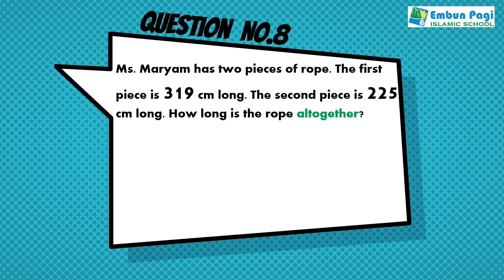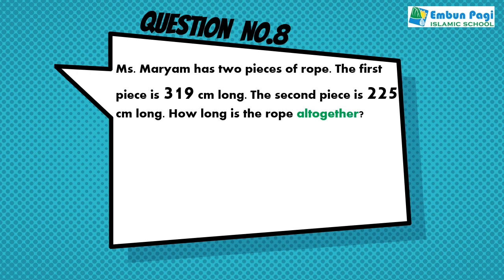Question number 8. Miss Mariam has 2 pieces of rope. The first piece is 319 centimeters long. The second piece is 225 centimeters long. How long is the rope altogether? Imagine that we have 2 ropes and we combine them into one long rope.